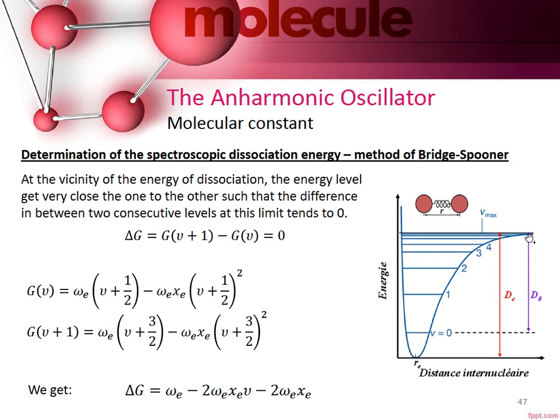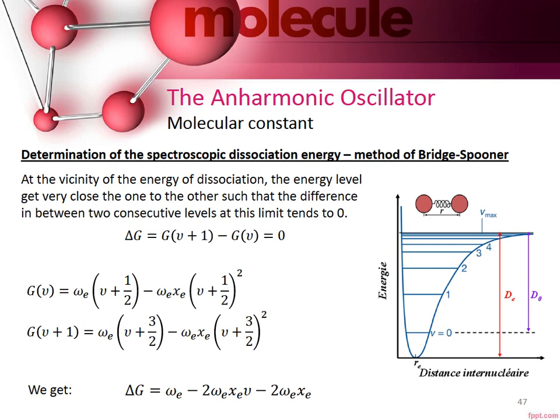It means that if I'm reaching the level where there is no more molecule, so I'm getting the maximum energy of vibration, the difference between this one and the one just above it is practically zero. Because the difference between levels gets smaller and smaller, until the difference is almost zero or tends to zero, and that will correspond to the maximum V above which the molecule is broken.